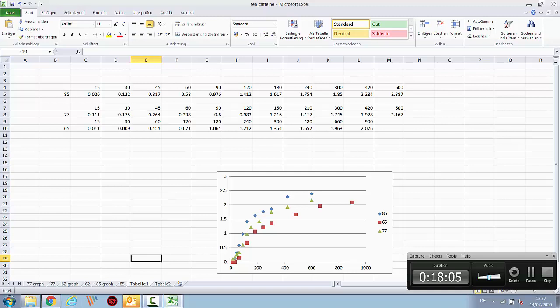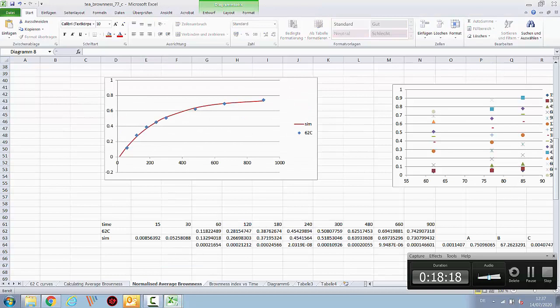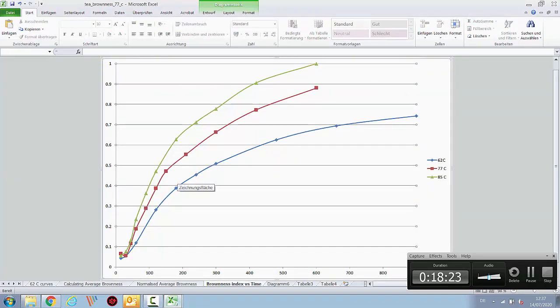This would be the caffeine amount going up over time. You can see they may be slightly more bent, have more of a corner than a smooth curve would. And the other is brownness index versus time.